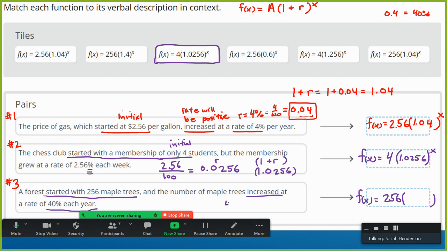So 40 over 100, 0.4. 40% comes out to just 0.4 as a decimal. Remember to add 1, 1.4. That's what's going to be in our parentheses.